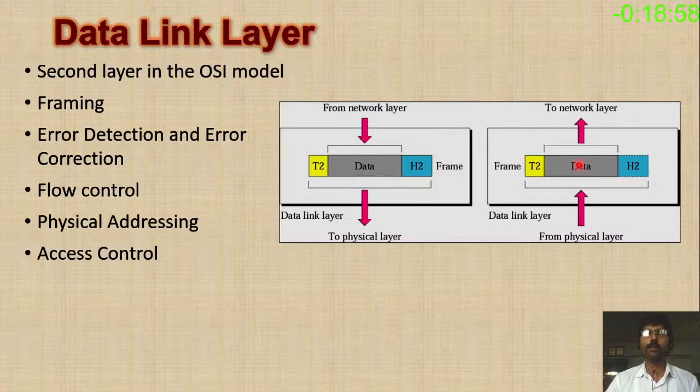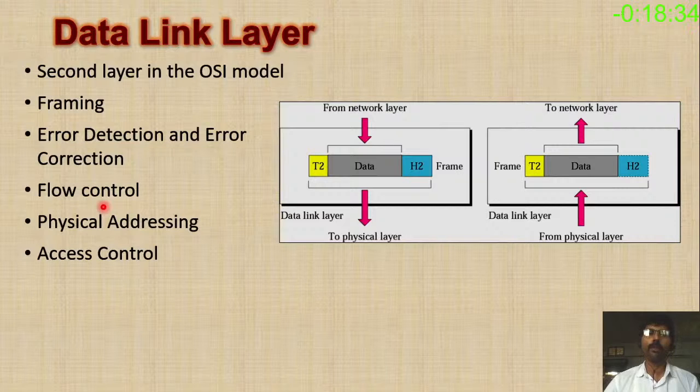If it is not possible, it will send a negative acknowledgement to the sender. If the data frame is correct, there is no problem in the frame, then it will send the positive acknowledgement to the sender. One more job of data link layer is flow control.